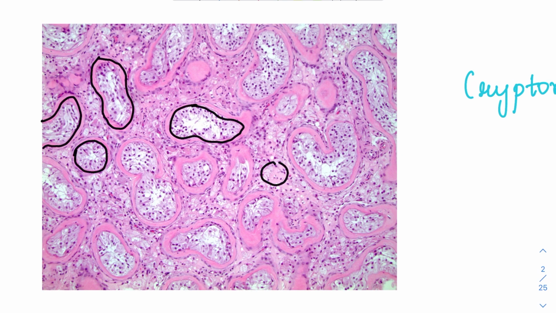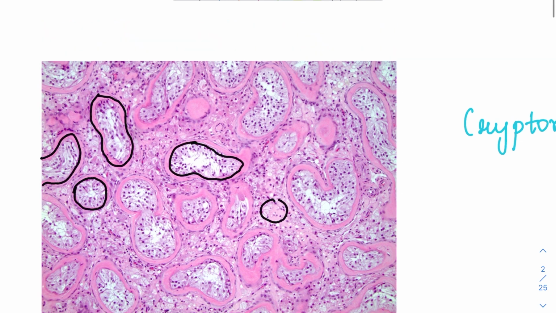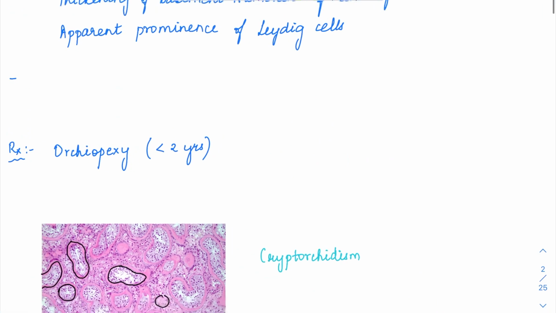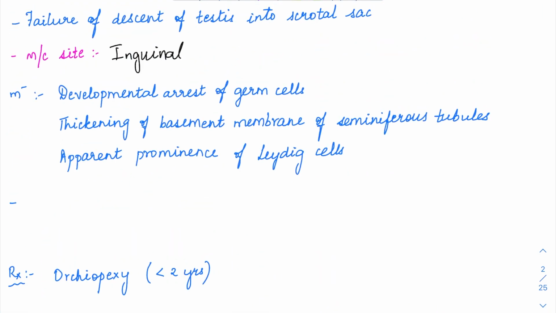The Leydig cells will appear as if they are prominent, but it is actually not prominent; it is because of the atrophy of the seminiferous tubules. So these three features are the features of cryptorchidism: developmental arrest of germ cells, thickening of the basement membrane of the seminiferous tubules, and apparent prominence of the Leydig cells.